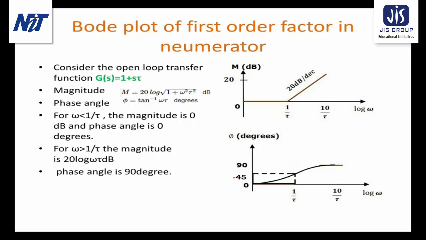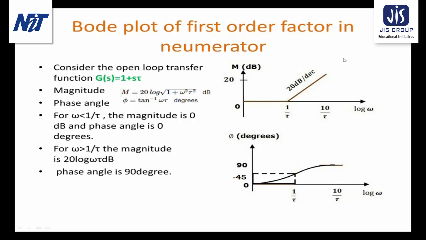That means for ωτ less than 1, the magnitude plot is a horizontal line of 0 magnitude for the low frequency region, and for ωτ greater than 1, the magnitude plot is a straight line with the slope of 20 dB per decade. And these two asymptotes meet at the corner frequency point at ω equal to 1 by τ.